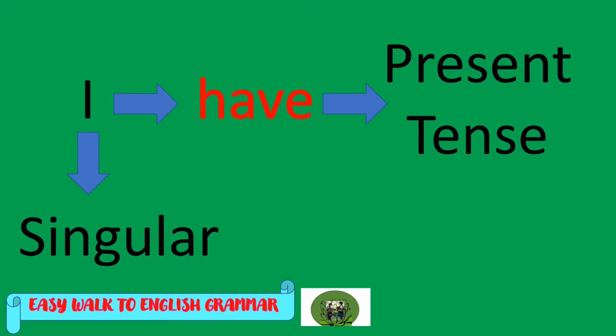In present tense, I should be given the priority or the consideration that we give to plural subjects. I will enjoy, the pronoun I enjoys the rules related to plural subjects in present tense. That's the important thing.